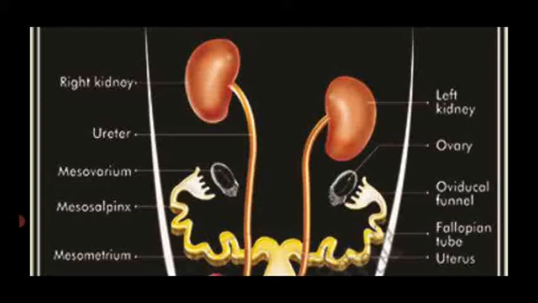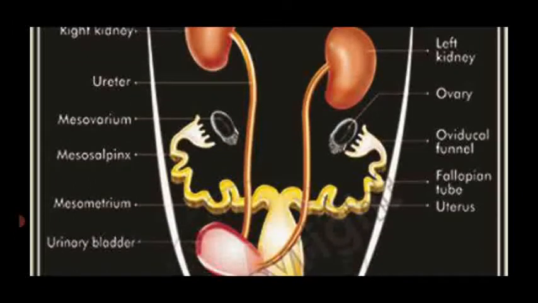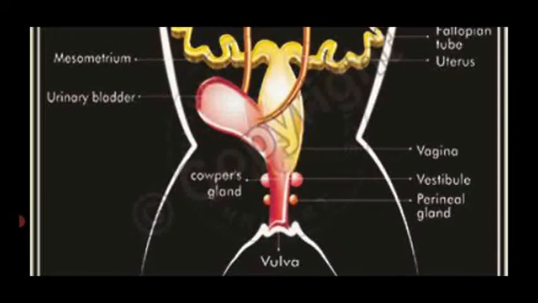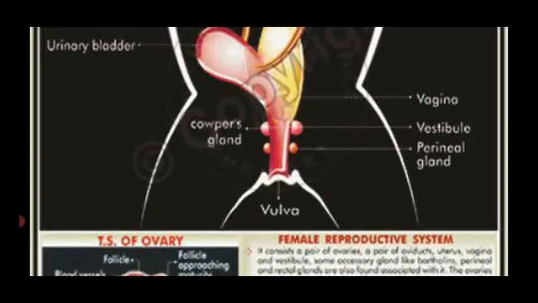From each kidney there is a long tubular structure called the ureter, which opens into the posterior side of a bag-like, pink-colored structure, the urinary bladder. The urinary bladder opens into a small muscular duct called the urethra.